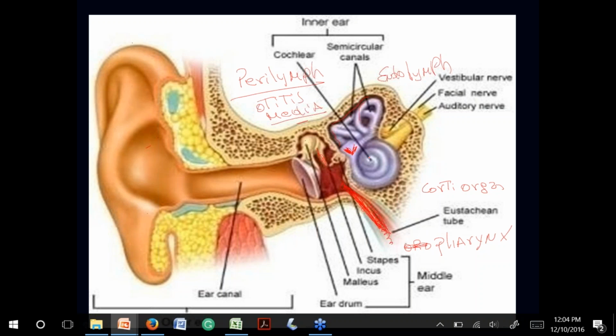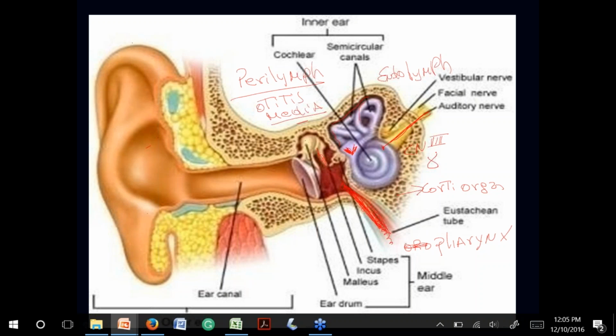So vibrating, they're going to stimulate the Corti organ, and remember, the mechanical forces are going to produce electrical forces. That is what is happening here with the Corti organ. That is the transducer, the Corti organ, that is going to allow the mechanical forces of the wave to pass into electrical impulses into the vestibulocochlear nerve, cranial nerve number 8.